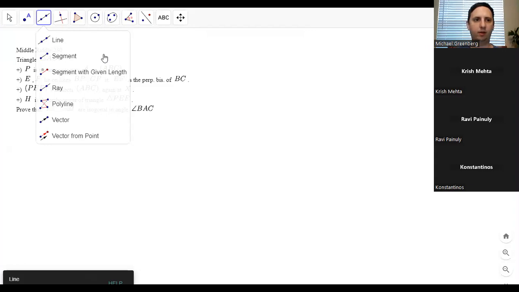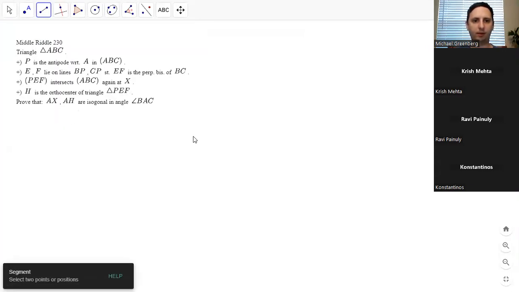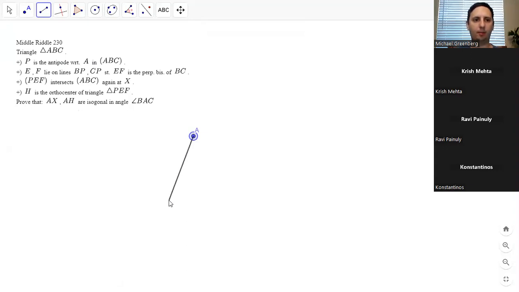All right, so here is the first problem. We have a triangle ABC. P is the antipode. So basically that means AP is the diameter of the circumcircle.